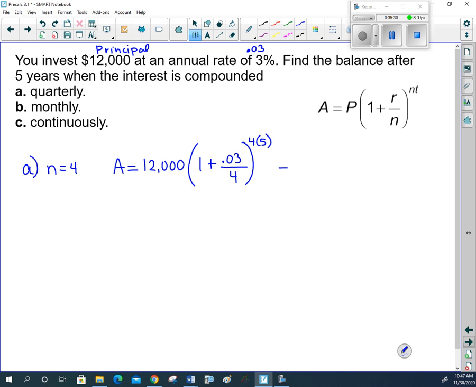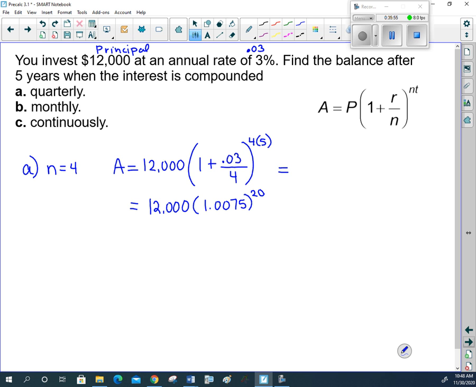Okay, so let's just go ahead and figure out what that is. So on my calculator, what I'm going to do is I'm going to put in parentheses, 1 plus the 0.03 divided by 4. I'm going to get that as 1.0075. Then I'm going to raise that to the 20th power, and then I'm going to multiply that by 12,000.